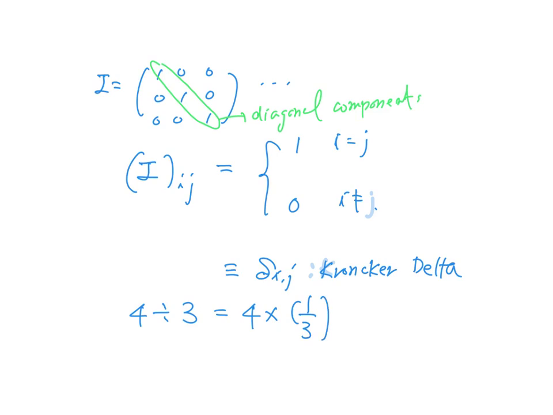So matrix division is actually the same as multiplication by the inverse, which gives I. So if the determinant of A is non-zero, we can define the matrix inversion. This is called the inverse matrix.